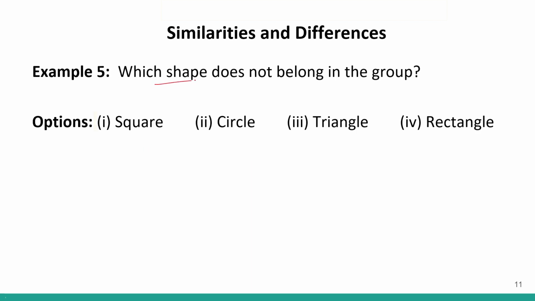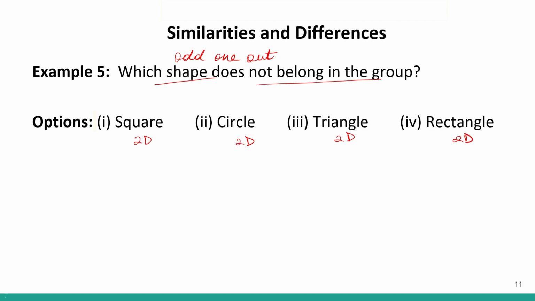Now, which shape does not belong in the group? So this is a question of odd one out. Okay? Now, square, circle, triangle, rectangle. So one way to look at it is square is a 2D figure, circle is a 2D figure. Similarly, triangle is also a 2D figure and rectangle is also a 2D figure.